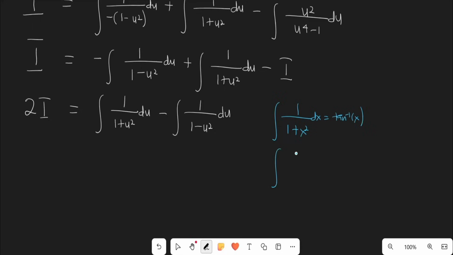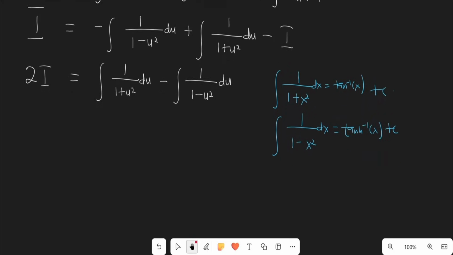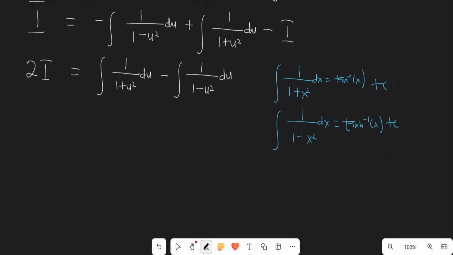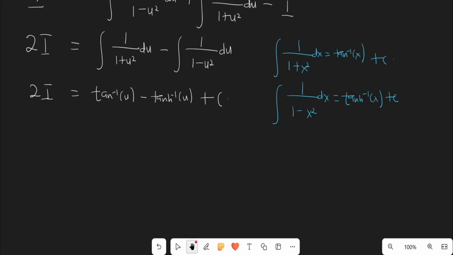And when we have the integral of 1 all over 1 minus x squared dx, this one is the tan hyperbolic inverse of x. Right. Alright, so that is what we have. So the first one is the arctan of u, and the second one is the tan hyperbolic inverse of u. We are done. You can put the constant of integration.